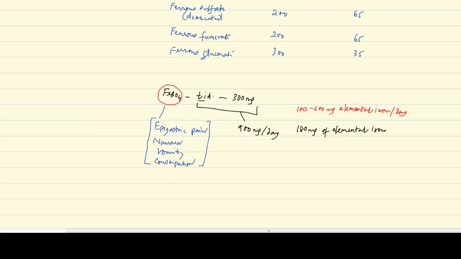What has been observed and documented is that these GI manifestations, these side effects, are directly proportional to the dose that is consumed. So if you've got ferrous sulfate in this dosage regimen, it produces this. The solution could be to reduce the dose, either by physically reducing the dose, or you could administer it along with food.